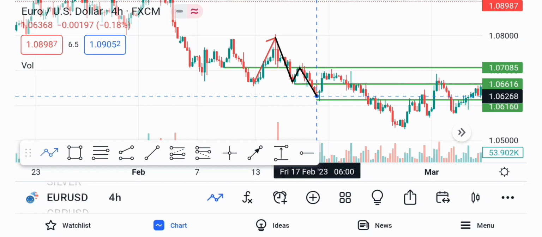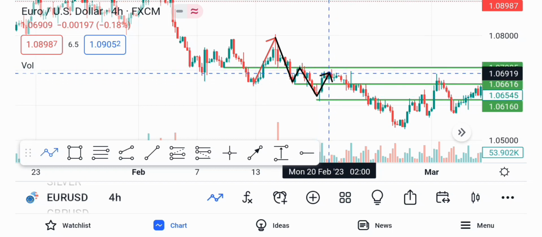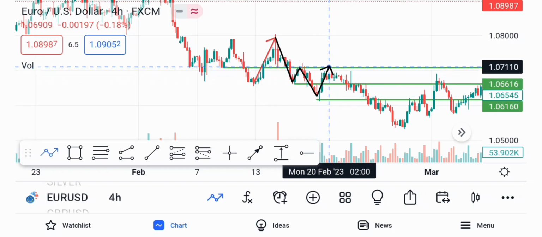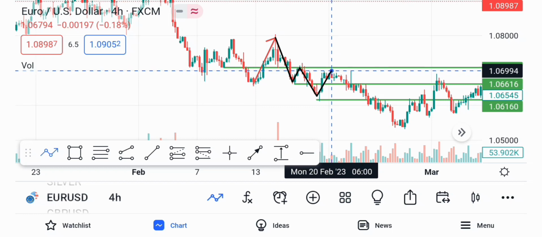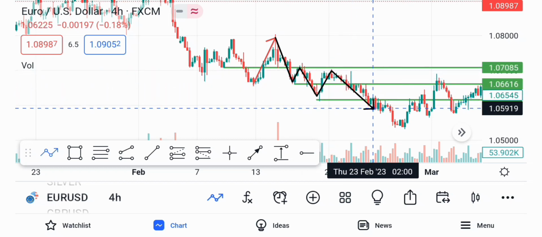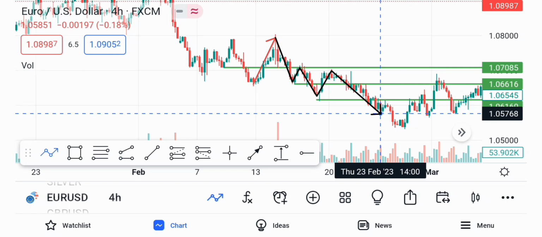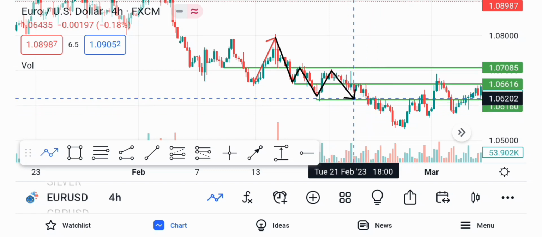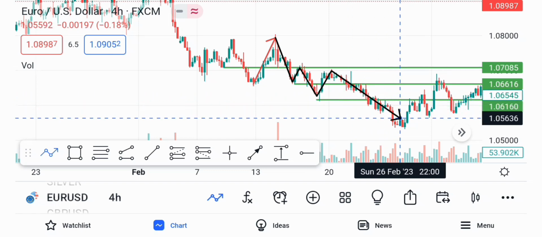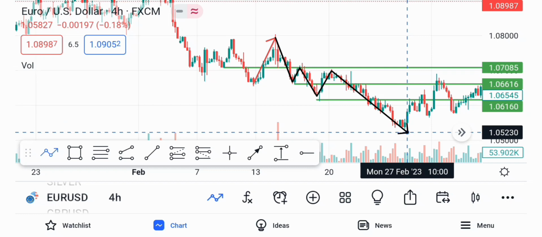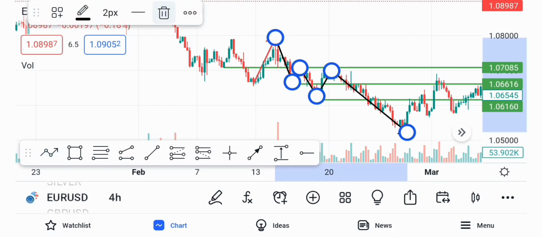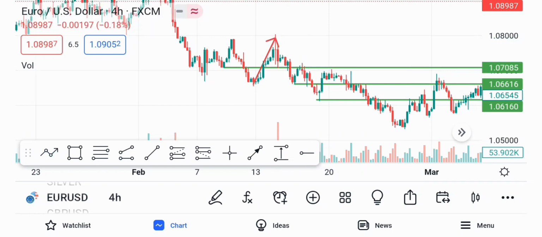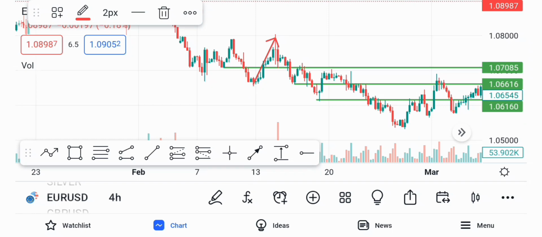Then we used that support as our new resistance, then went back down. As you can see, it's a very obvious trend. Nothing complicated and straightforward. So that's how you trade the market.